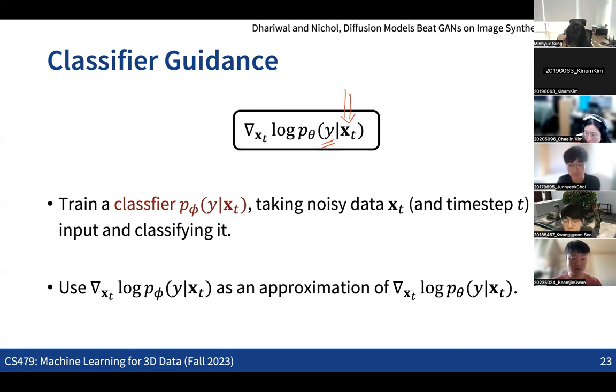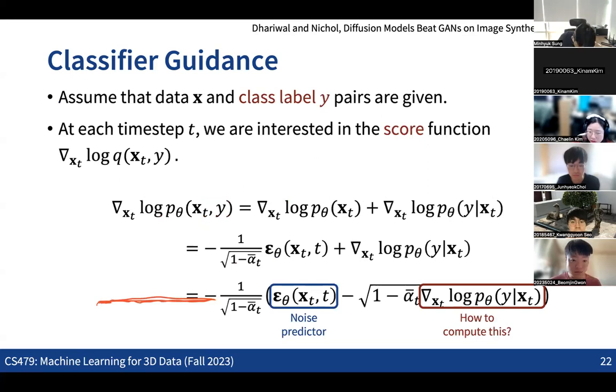So what we are going to do is get this information by training another classification network that takes the XT as the input and predicts the probability for each of the class labels. Then from the information that we learned from the classifier, we can directly get the information about this score by taking the gradient with respect to the XT, the noisy image. So that's the way that we are approximating this information here.